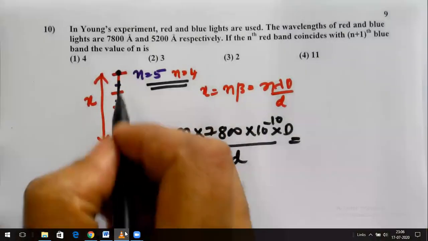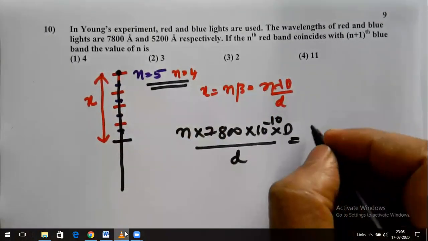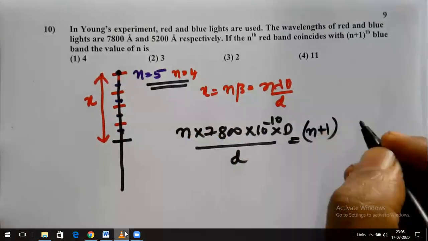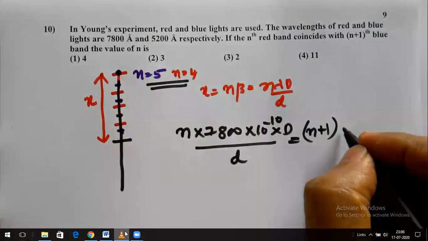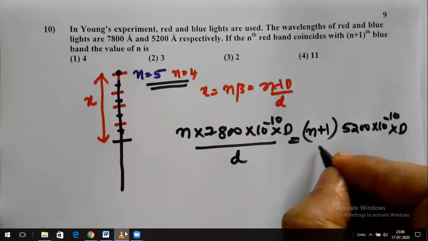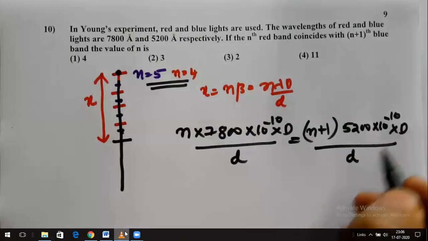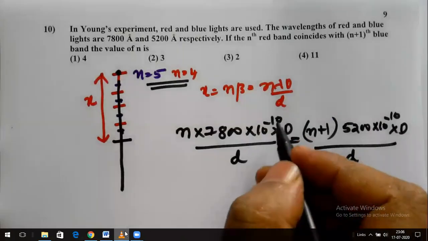At the same place, n plus 1th blue band should be produced, that is equal to n plus 1 into the blue wavelength, 5,200 angstroms. And capital D and small d will not vary; it will be the same for both colors because the setup is the same. So capital D, small d will get cancelled, and angstroms, 10 to the power minus 10, will get cancelled.